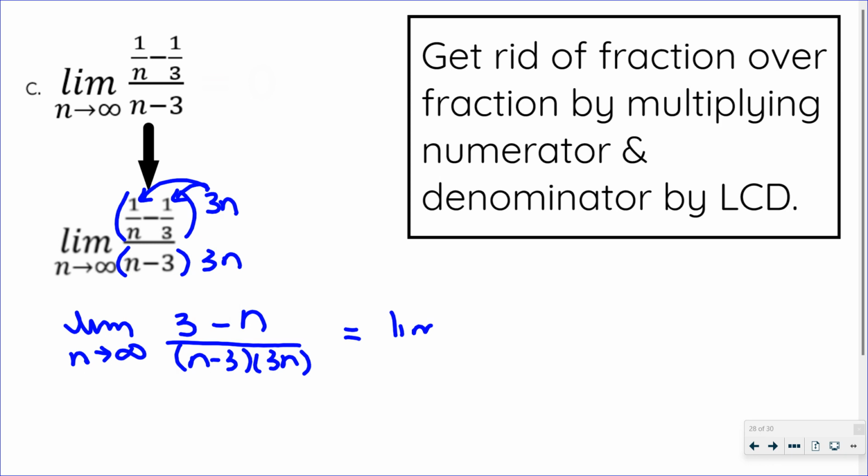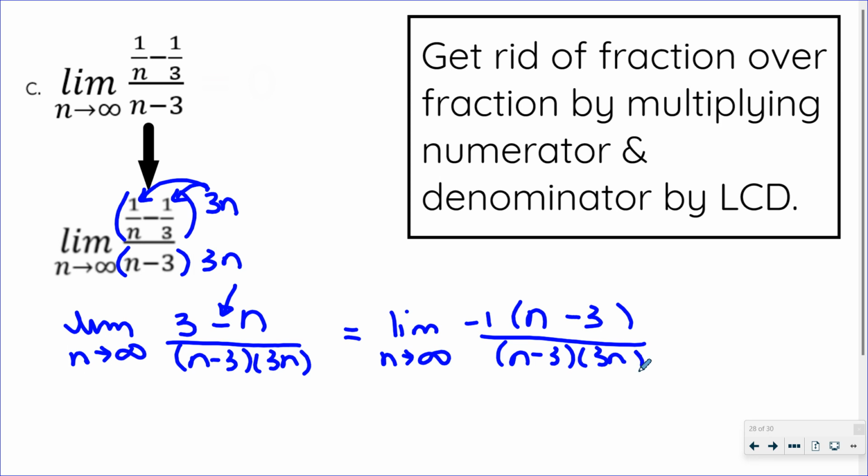So just to show that, I'm going to factor a negative 1 from my numerator so that my leading coefficient changes from being negative to positive. So negative n divided by negative 1 and 3 divided by negative 1, all over n minus 3 times 3n. So those, of course, cancel. And I'm left with the limit as n approaches infinity of negative 1 over 3n.